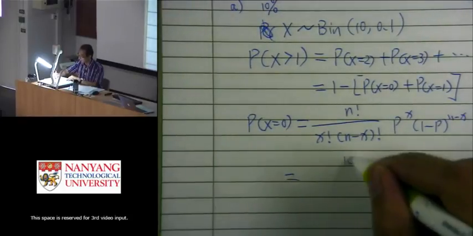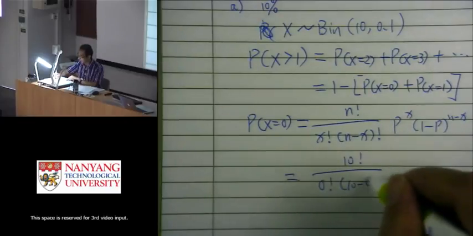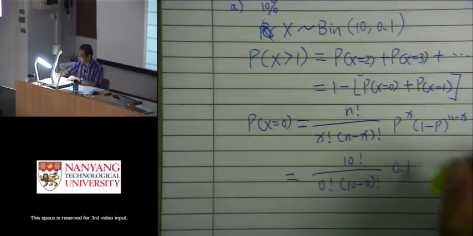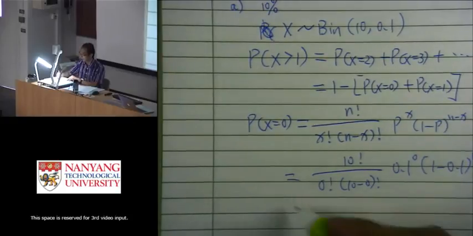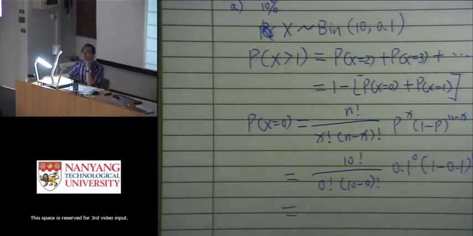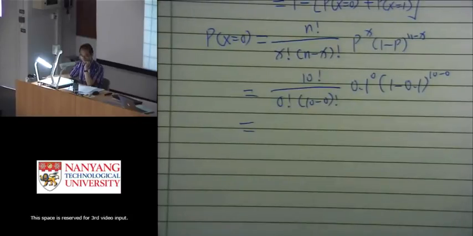Here n equals 10, x equals 0, p equals 0.1, and 1 minus 0.1 to the power 10 minus 0, right? Then you can get the value, right? Okay?